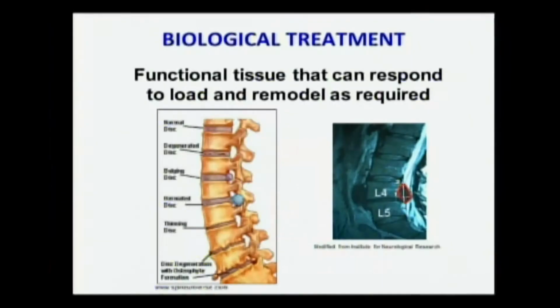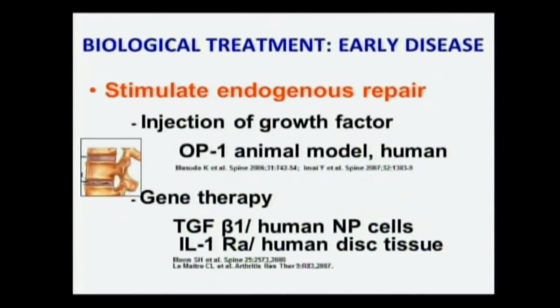Obviously, disc degeneration can have a variety of presentations. It can be early disease where we've just lost a little bit of the matrix. It progresses on to more severe disease, and clearly one treatment is not going to be appropriate for all of these different manifestations. So if we start off with the first category, the individual who presents with very early disease in which there are cells present, but there's been a loss of extracellular matrix and some evidence of symptomatology, what can we do?